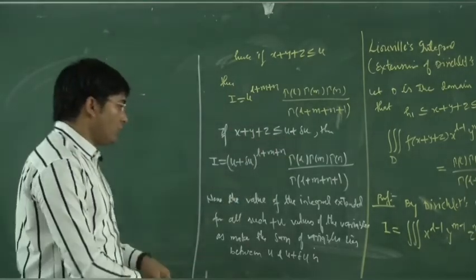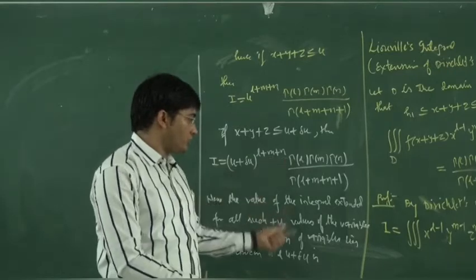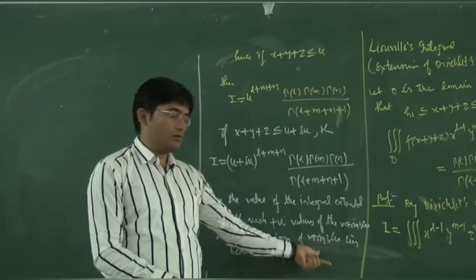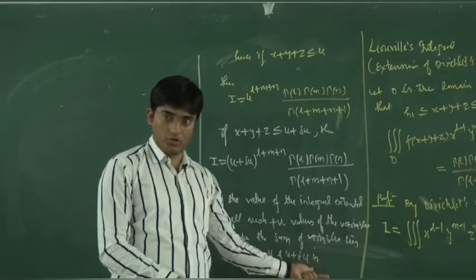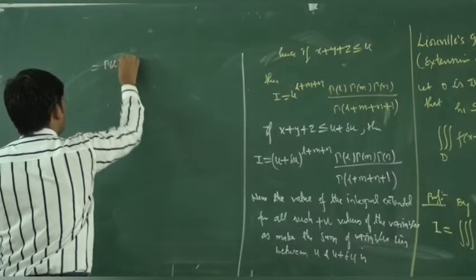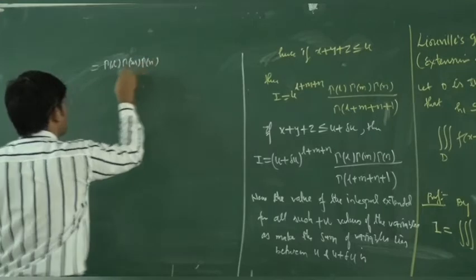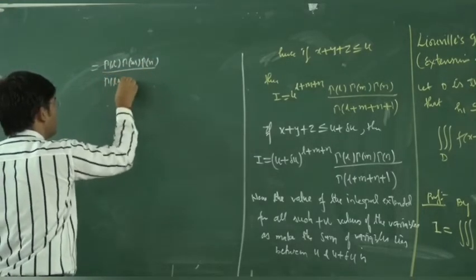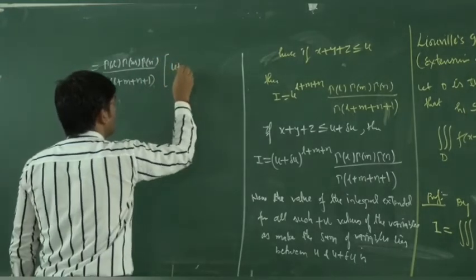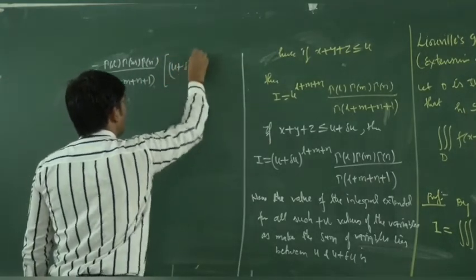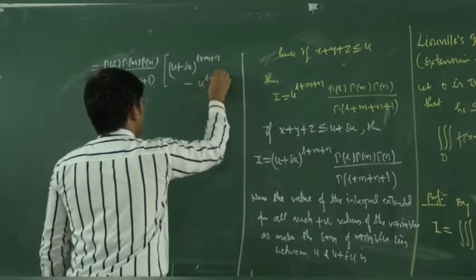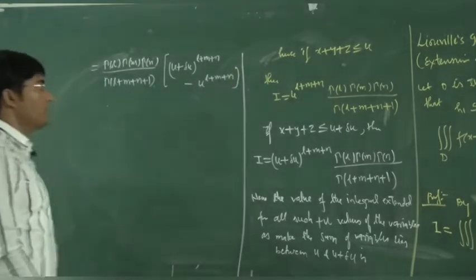So the value of the integral extended for all such positive values of the variables as make the sum of variables lie between u and u plus delta u is given by gamma L gamma m gamma n upon gamma L plus m plus n plus 1, and in the bracket we have u plus delta u power L plus m plus n minus u power L plus m plus n. So we have these two terms.